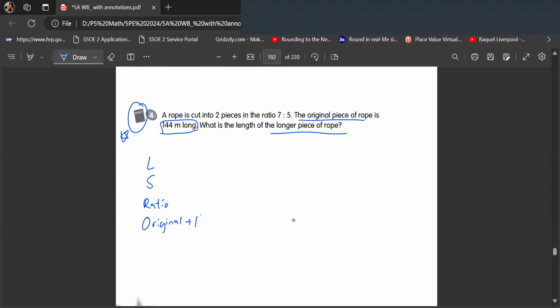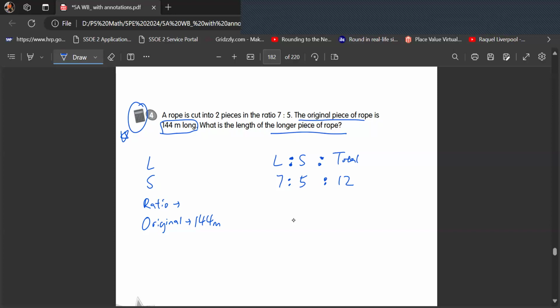The original is 144 meters. The ratio is given: longer piece is to shorter piece, longer piece is 7 units, shorter piece is 5 units. So the original piece is the total. The total is 12 units.